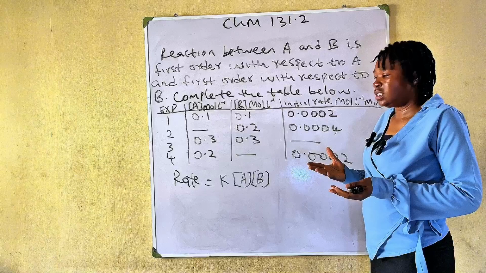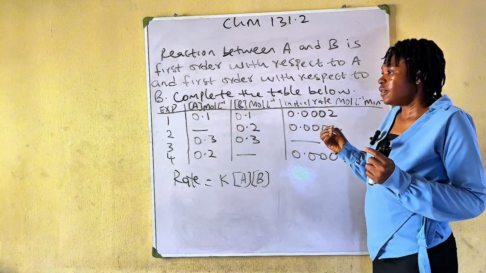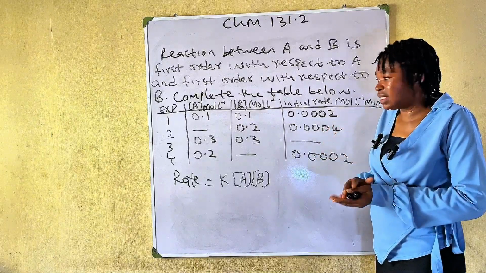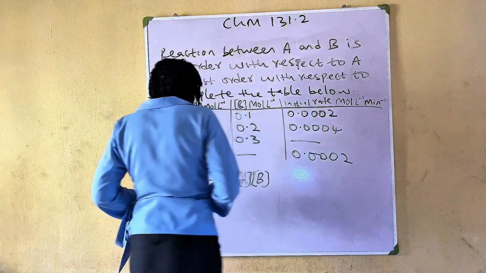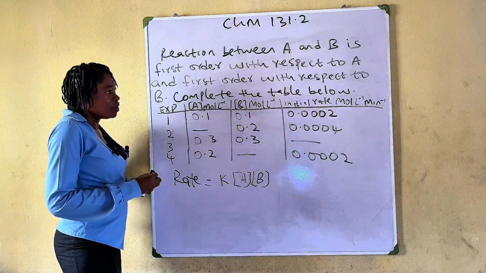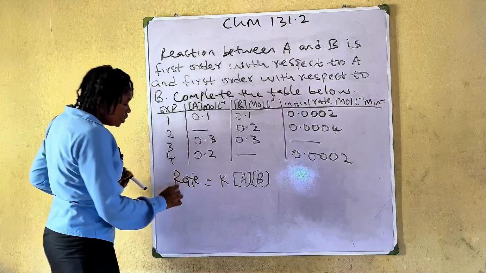There are 2 ways of solving this. You can still get the same answer. Okay, look at this. We can find k using this formula.